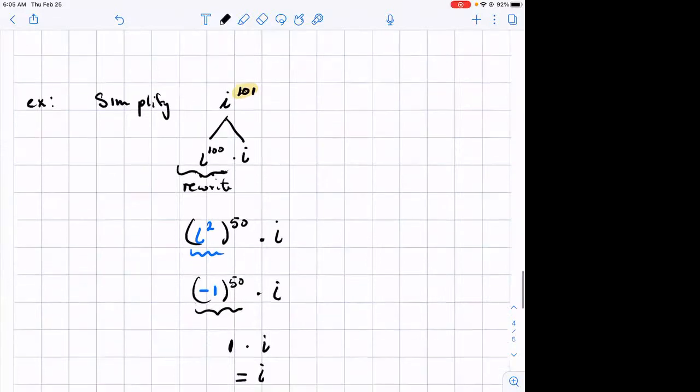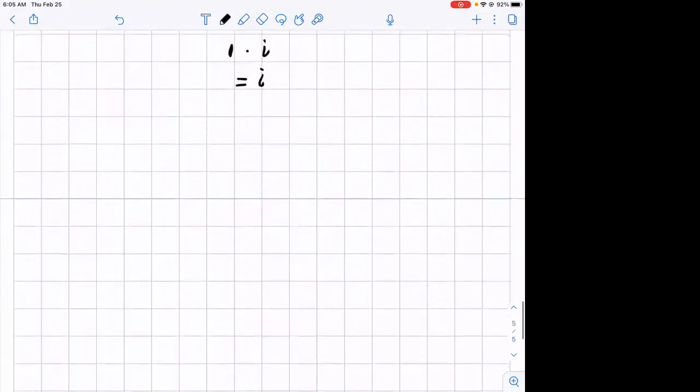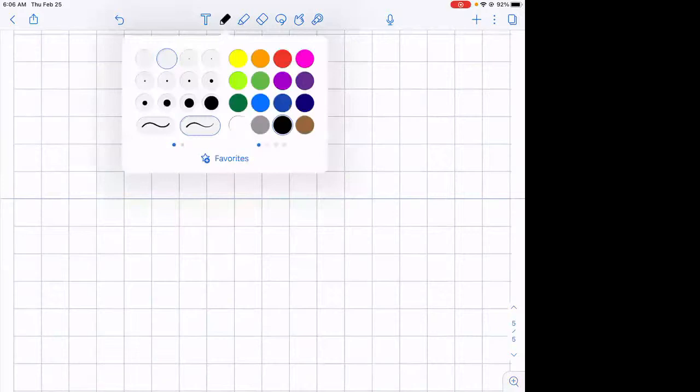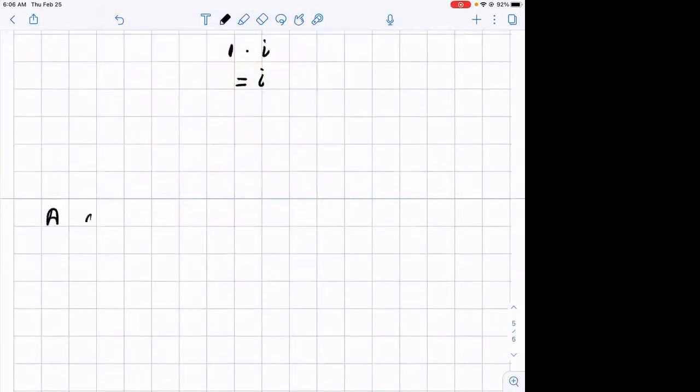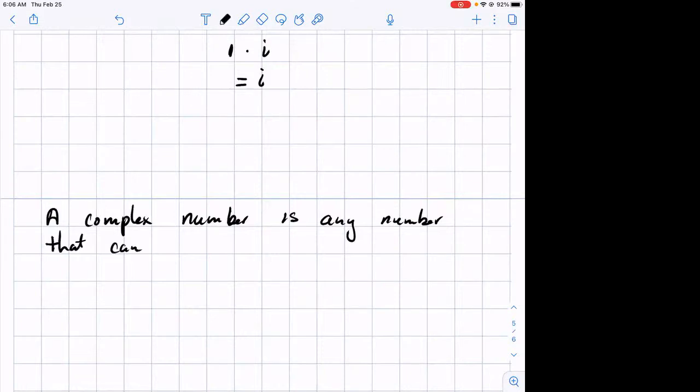Now, if we move on, a complex number is any number that can be put in the form a plus bi.